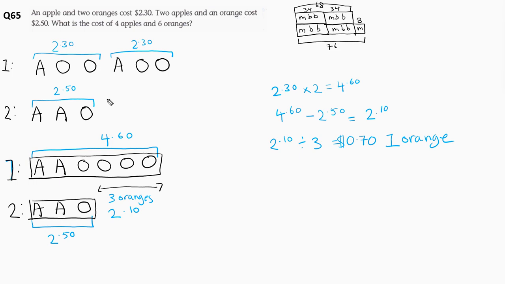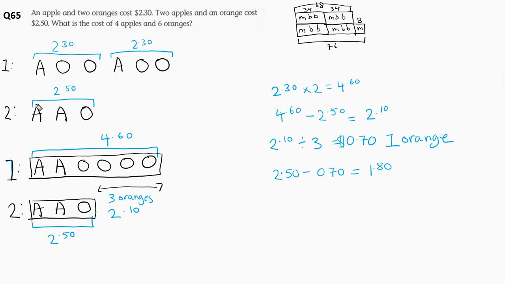What can we do? We can take away, here we have just 1 orange in this group here. We can, if we've got 2.50 and we take away the cost of 1 orange, which is 0.70, we are going to get 180.